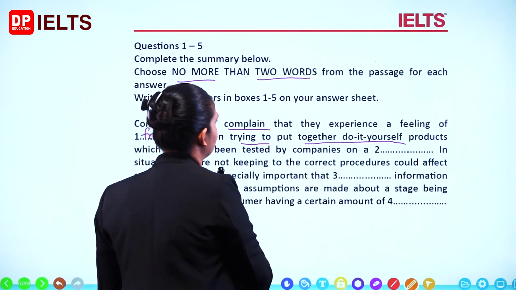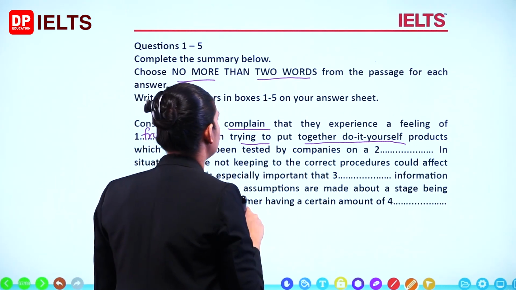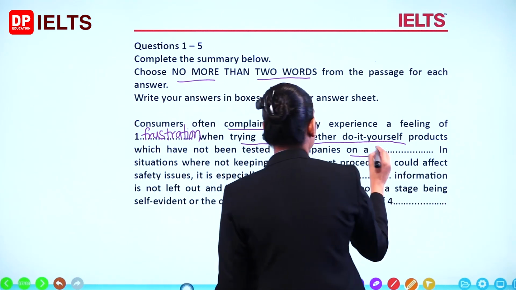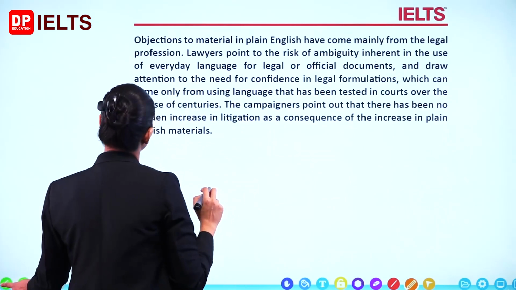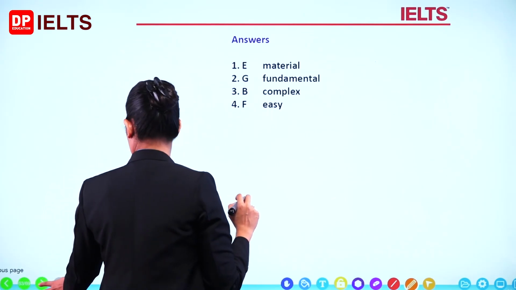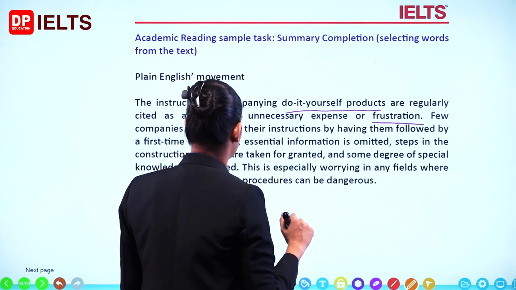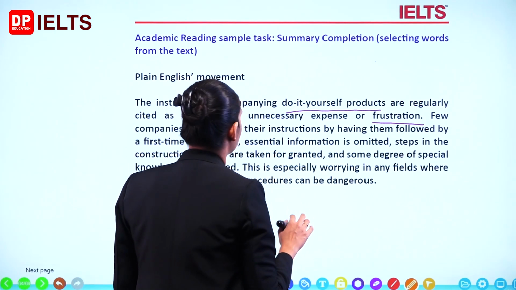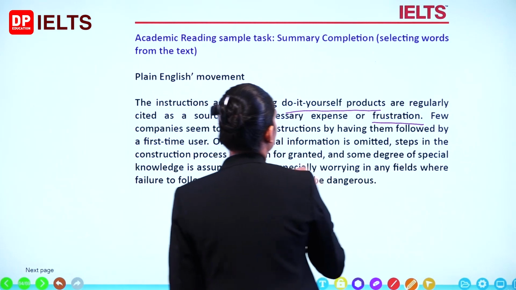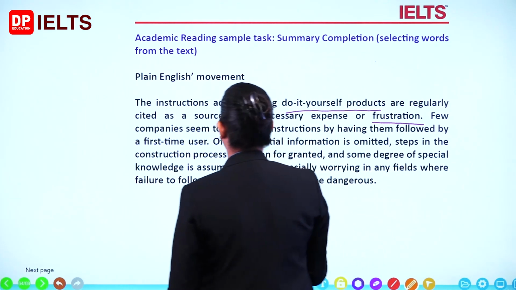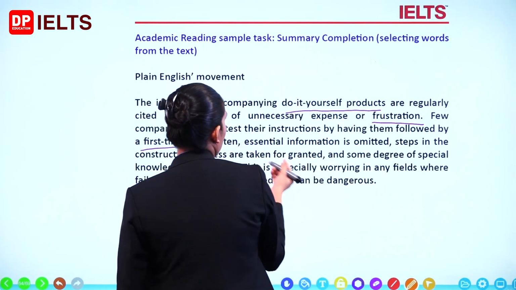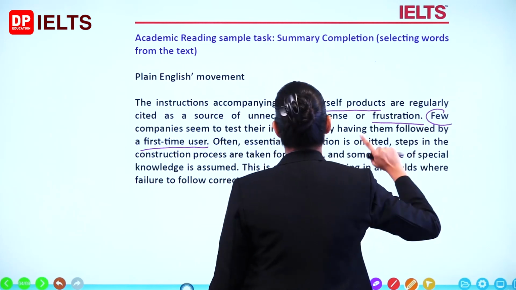When trying to put together do-it-yourself products which have not been tested by companies on a who? Few companies seem to test their instructions by having them followed by a first-time user. So only a few do it, the others don't.